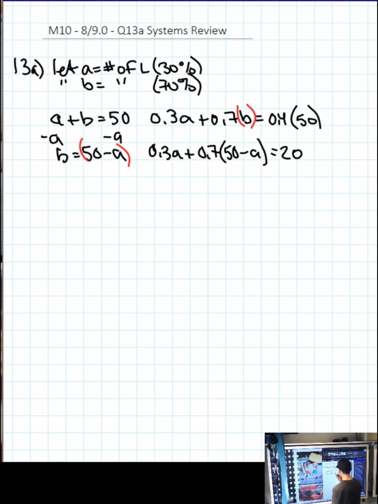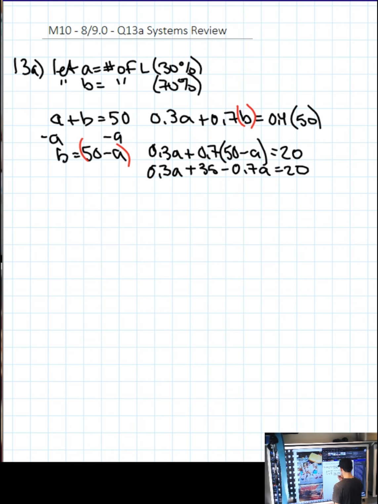Okay, so we can distribute. So we have 0.3A plus 0.7 times 50 will be 35, plus 35 minus 0.7A equals 20.